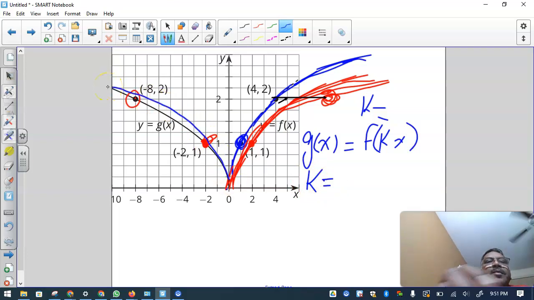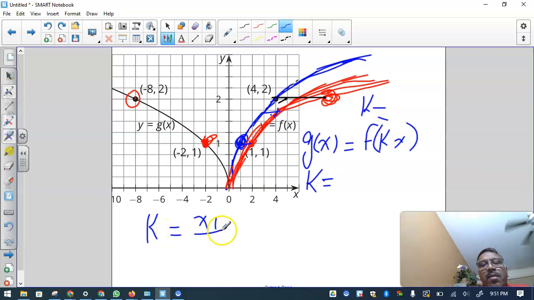So first of all, what factor did it go like that? We want to know what is that k. So let's put that k first. k is always x1 divided by x2. So in this case, I'll take this point here, or you can take this point also.